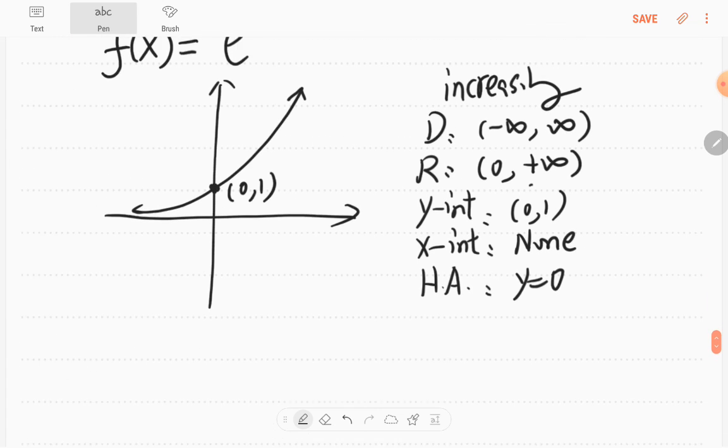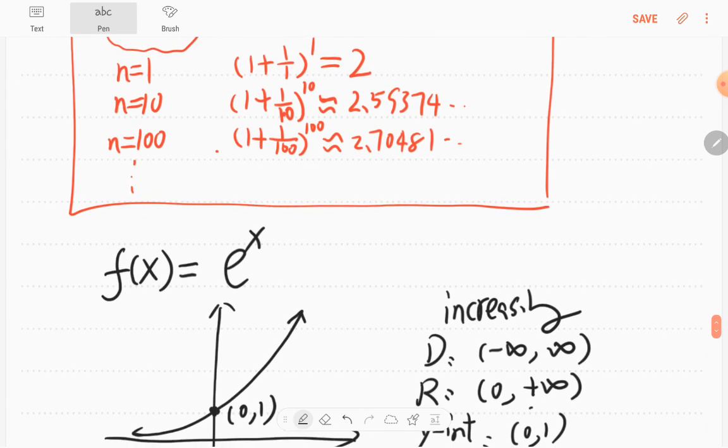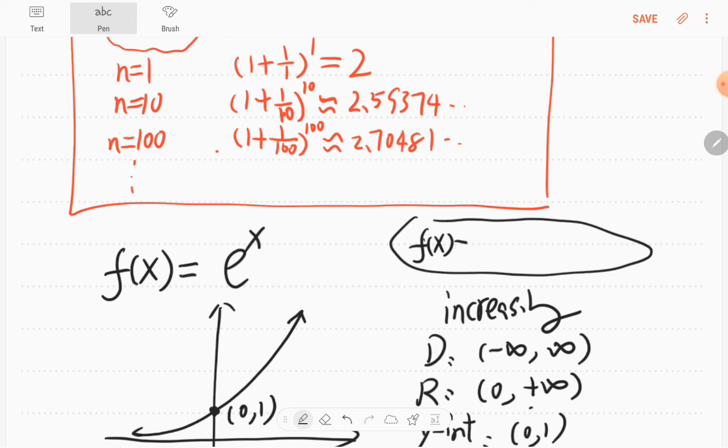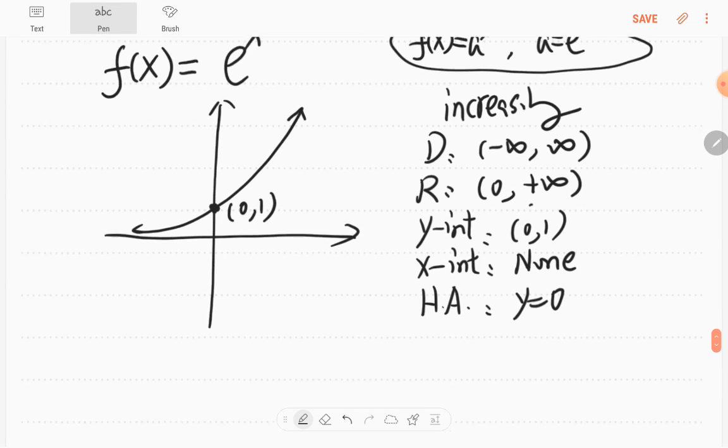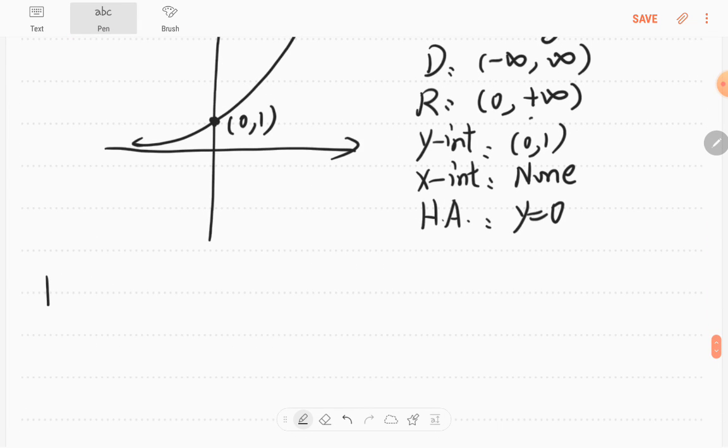Okay, so this is a special case of the function f of x equals a to the x, where a is equal to e, right? This is a special function. And the properties are still the same, right?